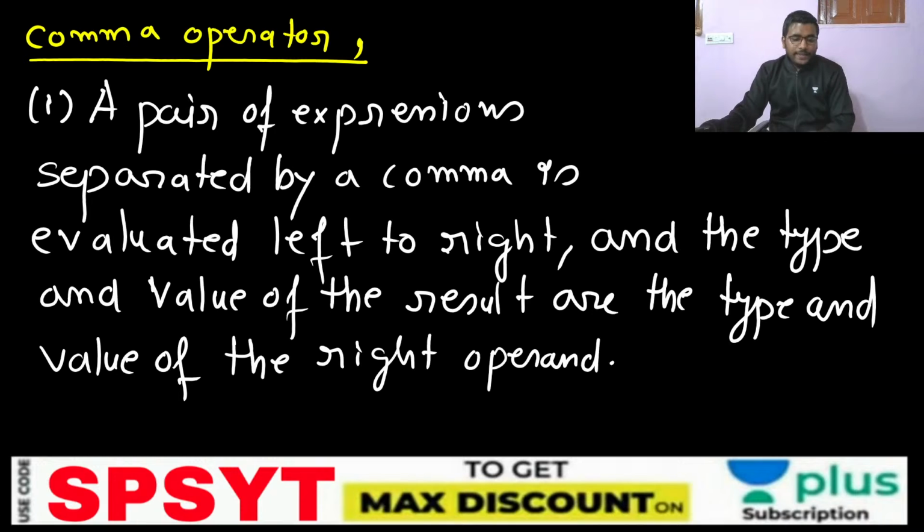So what I'm saying here is that a pair of expressions separated by a comma is evaluated left to right. It is going to evaluate left, then right. And the type and the value of the result are the type and the value of the right operand.